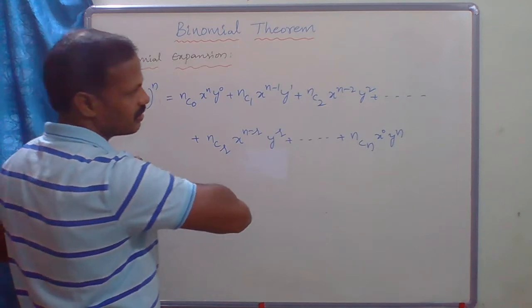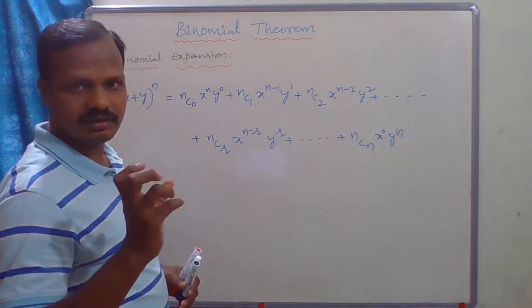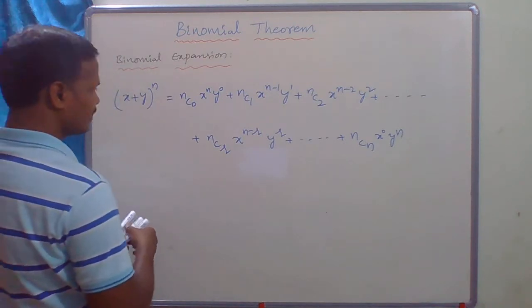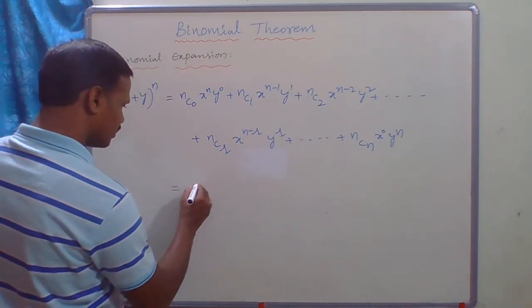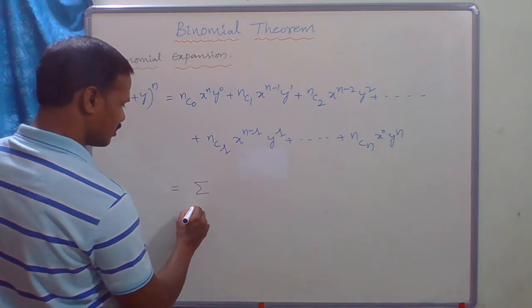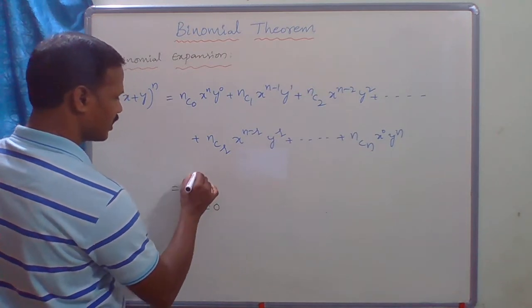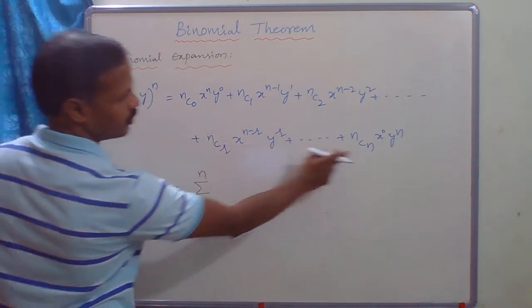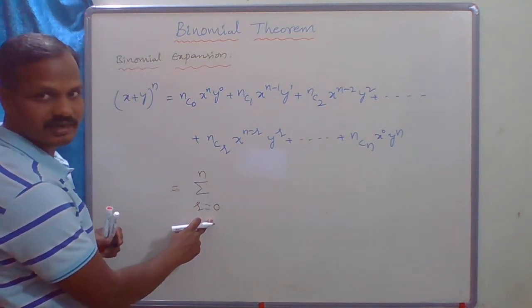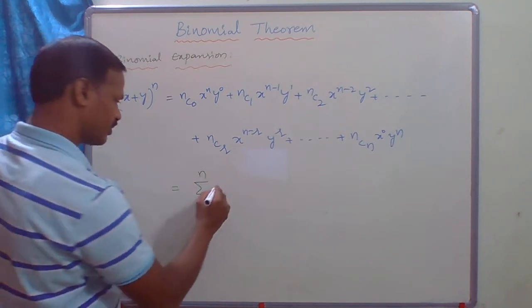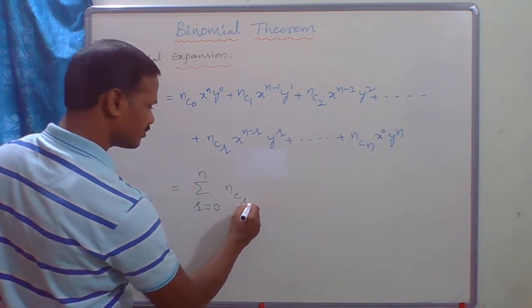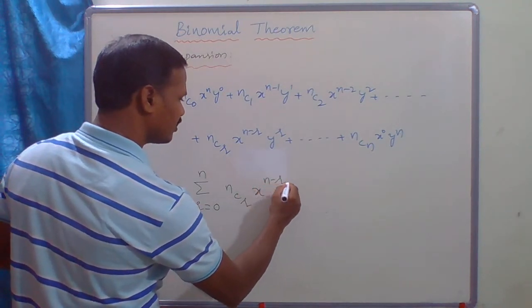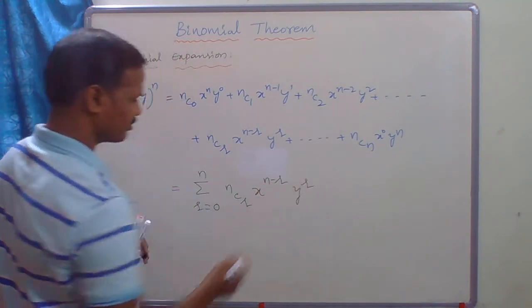Now this result can be written in a short form. This is equal to the summation, r equal to 0 to n, of nCr x^(n-r) y^r.